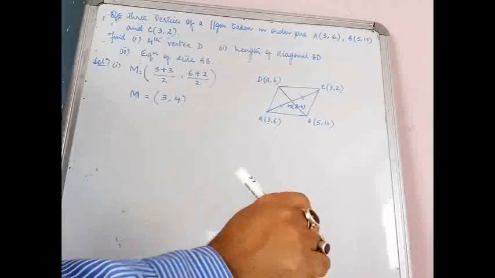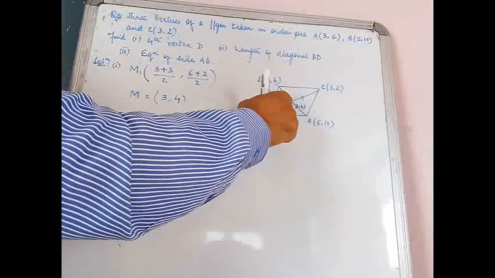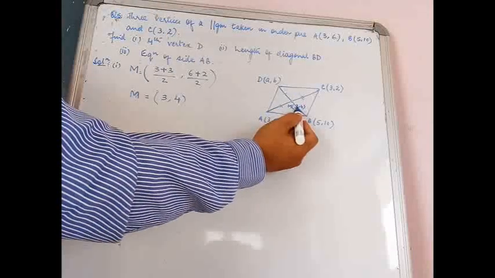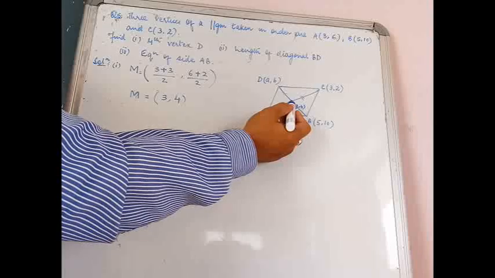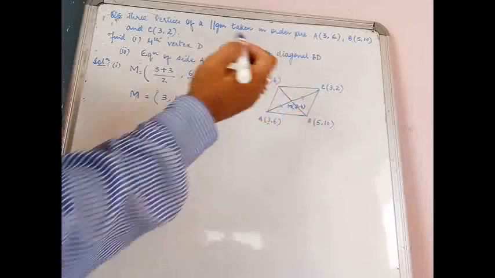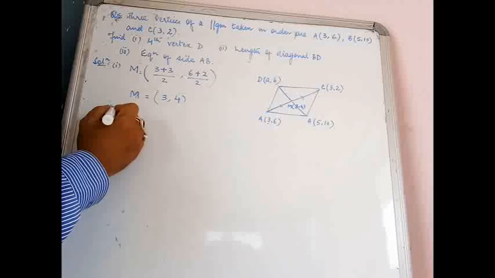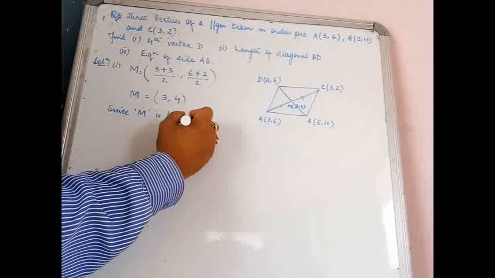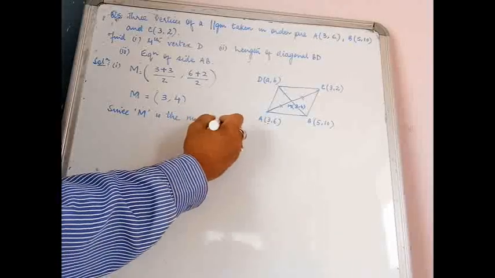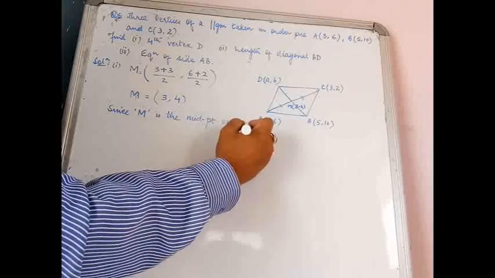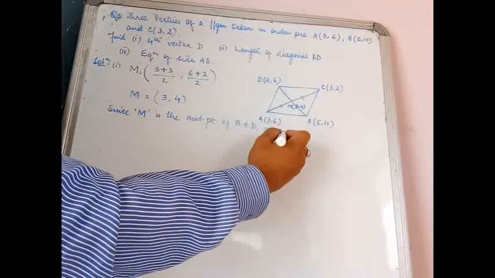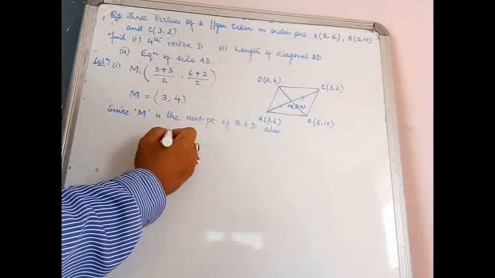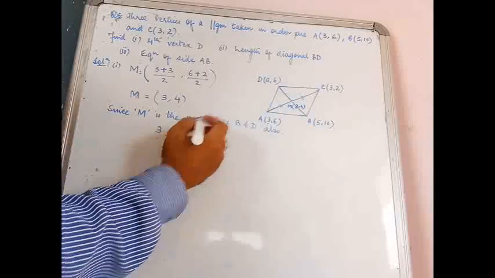Now we know the point M, which is 3, 4. Now we can use this particular information to find out D also, because now the M value, which has been found out, is also the midpoint of D and B. So since M is the midpoint of B and D also, therefore we can write down 3, which is this 3, is the midpoint.